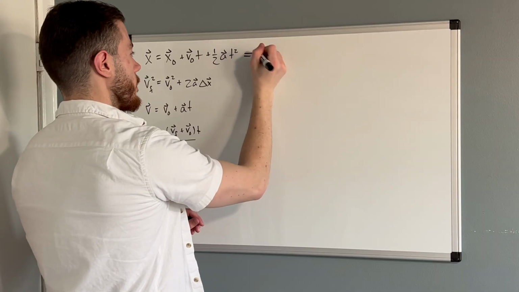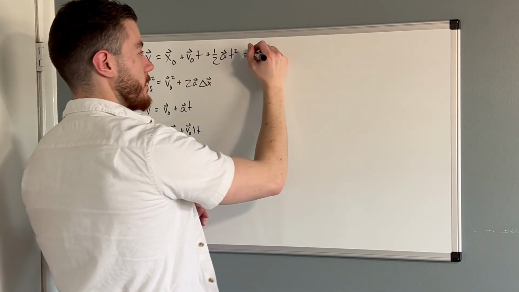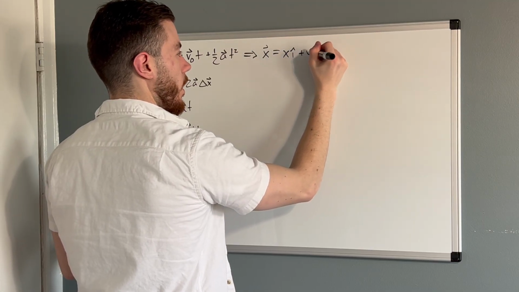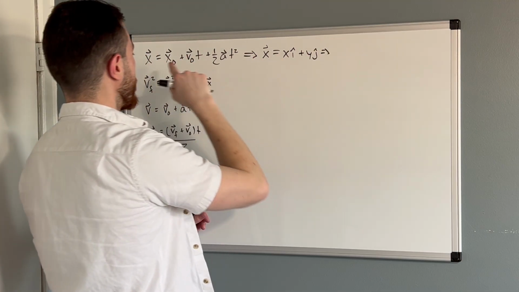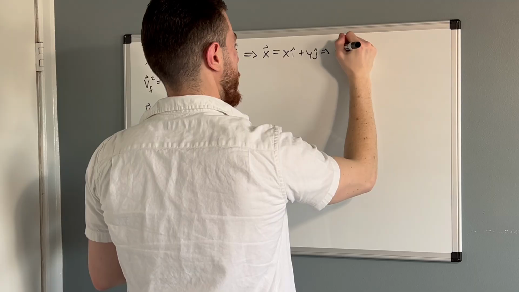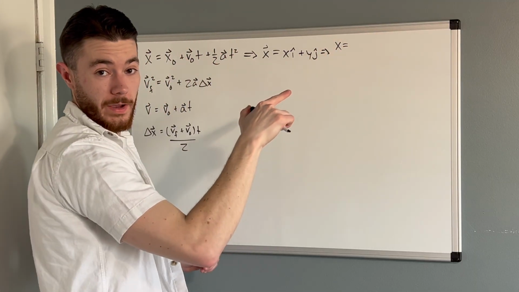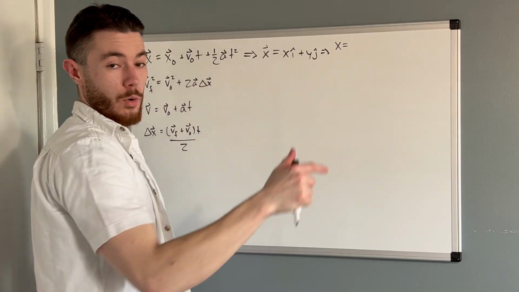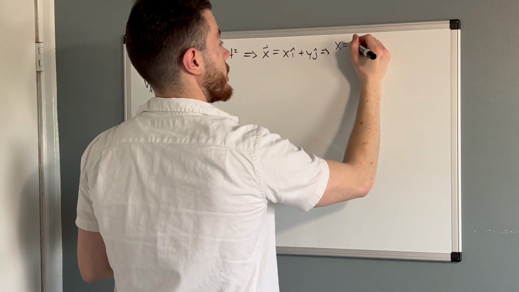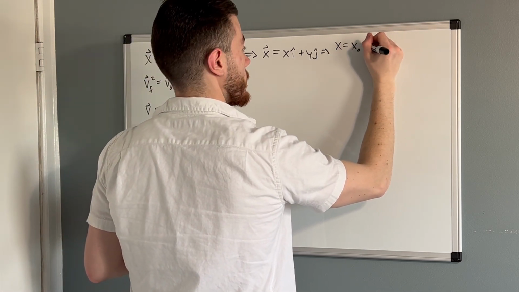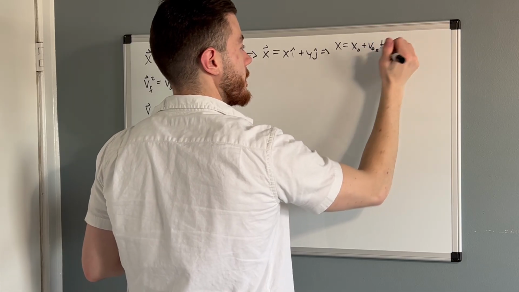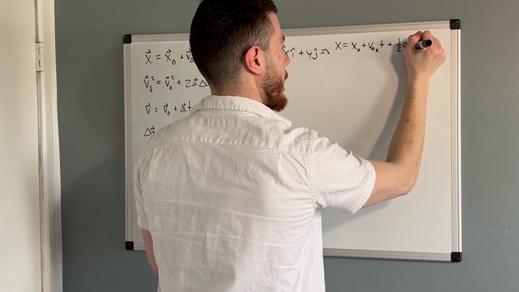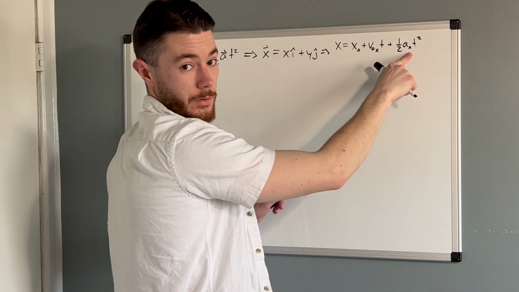So if x is a general position vector, again with components x in the i hat direction and y in the j hat direction, then we can break this up into x equals, and now there's no vector arrow on top because these are the components of the vector. x is equal to x naught plus v naught x t, the x component of the initial velocity, plus 1/2 a x t squared, the x component of the acceleration.